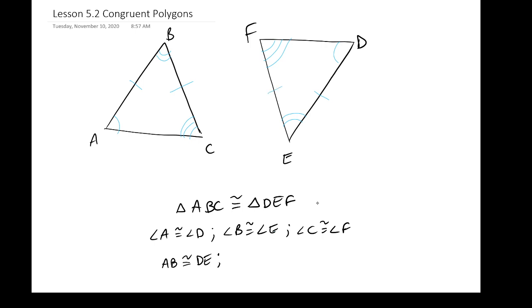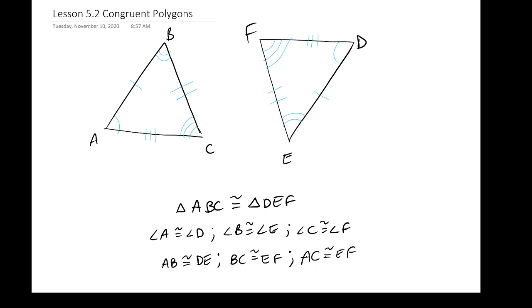Has to be EF. And I have to use two tick marks because I've already used one tick mark. Okay. So, again, second and third BC, second and third EF. BC congruent to EF. And last but not least, we have AC, which is congruent to DF, the first and third, right? The only other combination that we can make. First and third, A and C, first and third, D and F, in terms of how they are listed.